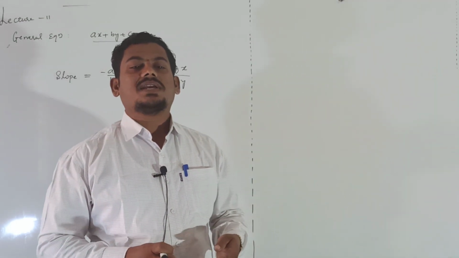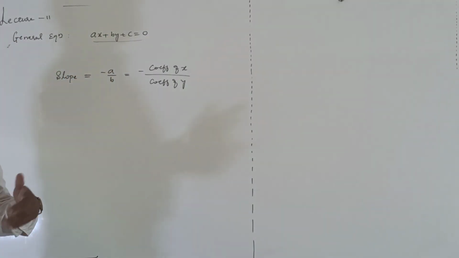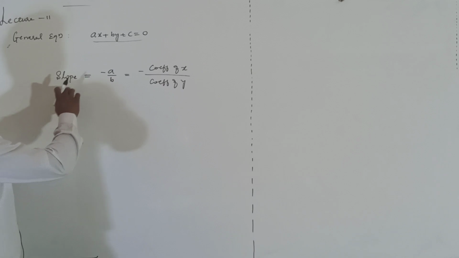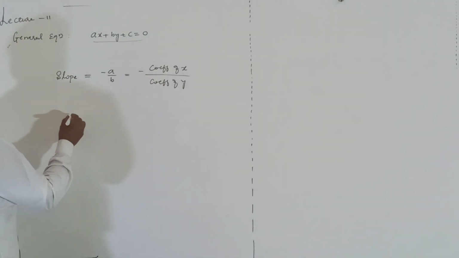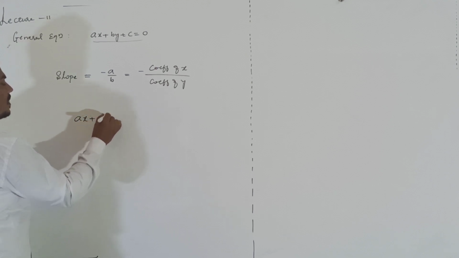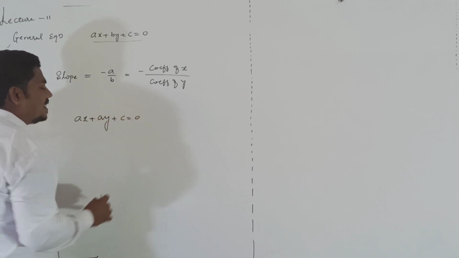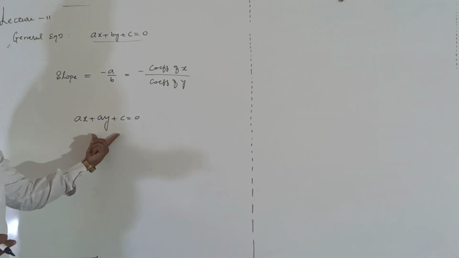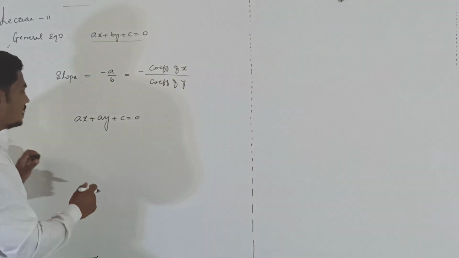How is it minus a by b? Just convert this equation in the form of y equal to mx plus c. I will show you how the slope of this line is minus a by b. Write ax plus by plus c equal to 0 in the form of y equal to mx plus c.